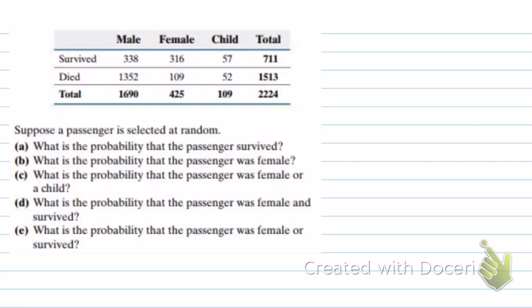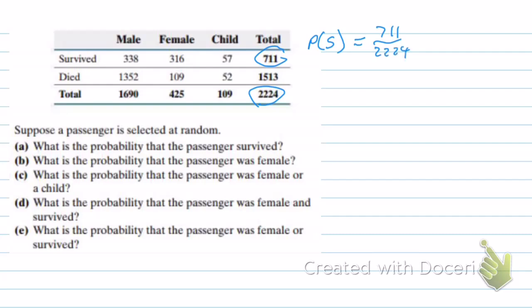Okay, so what's the probability for A? What's the probability if I just choose one passenger at random that they survived? Well, I look at the survived row here. I'll look at the total. And they were nice enough to total these up for us. So the probability of surviving is what? 711 out of 2224.